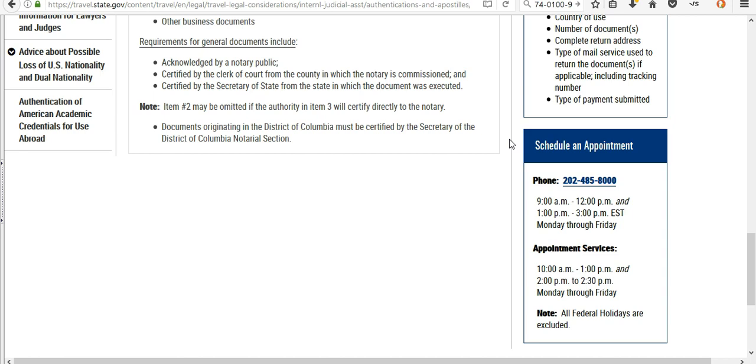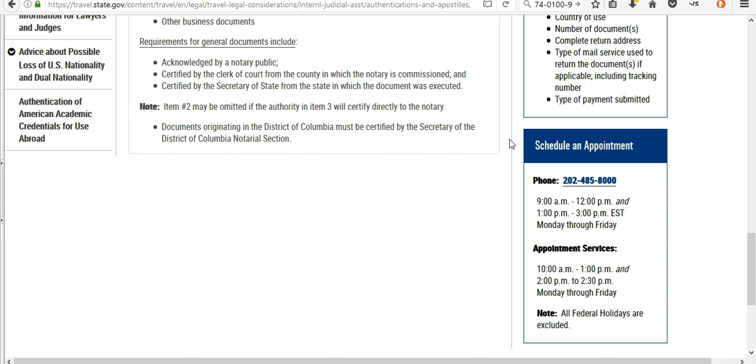Now, I've stated this in probably my first video dealing with the UCC1 as far as the certification for the actual notary itself. Being said that you have an affidavit, you go find a notary to get your document notarized, you get it stamped, all the other good stuff.